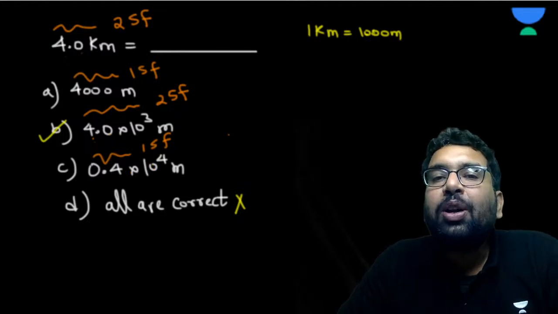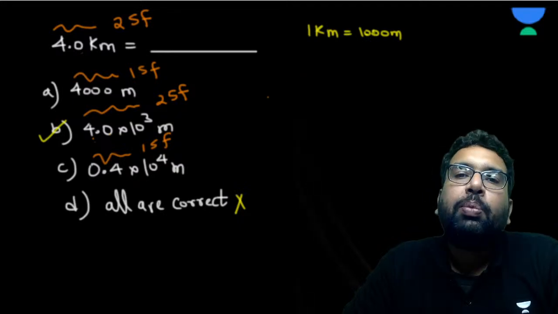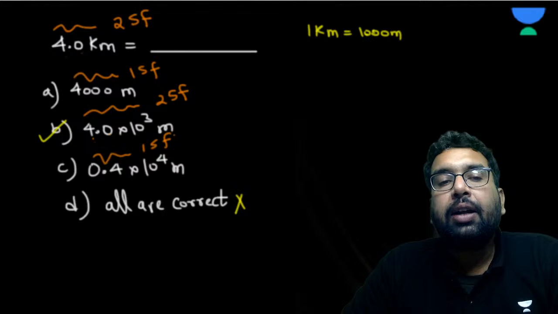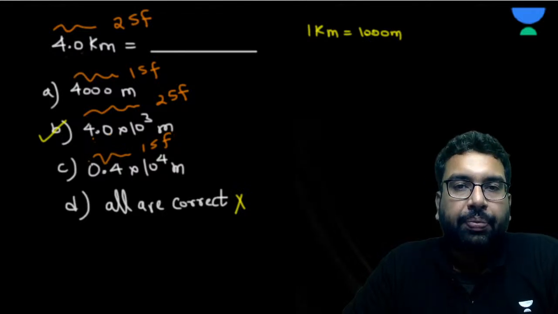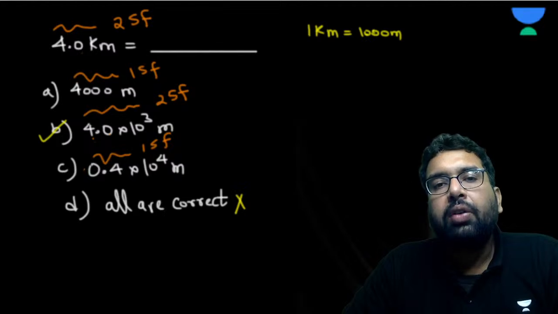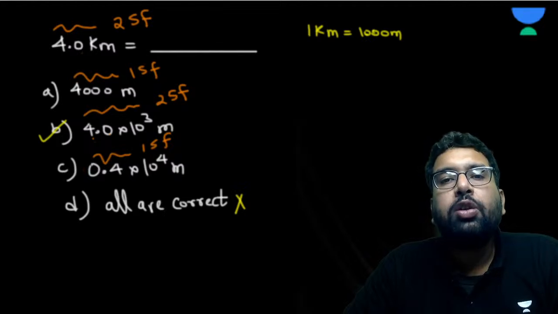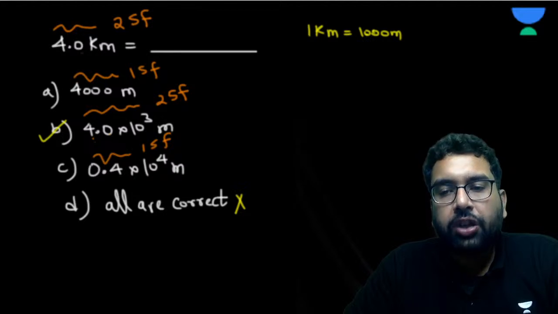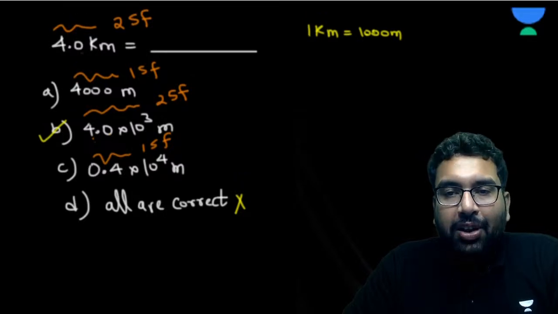So in a general context, when you see that 1 kilometer is 1000 meters, it appears to many students that all must be correct, but that is not true. The correct option is B, because during the conversion of the unit, you must make sure that the number of significant figures does not change.